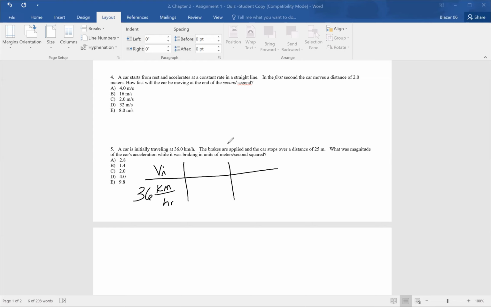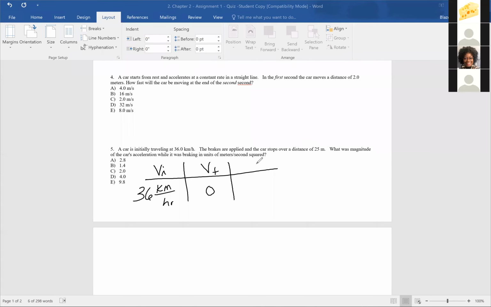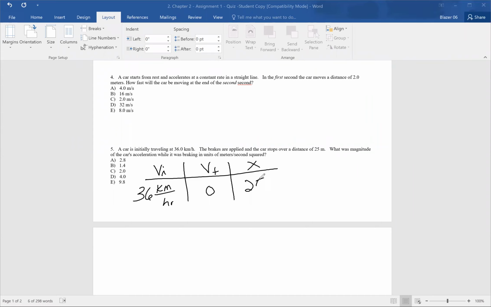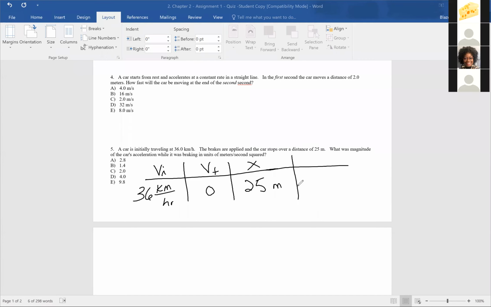The brakes are applied and the car stops, so that means my final speed is 0, over a distance of 25 meters. So my distance traveled is 25 meters. And my question is, what is the magnitude of the car's acceleration while it's braking? So I want to know the acceleration, and my units are meters per second squared.